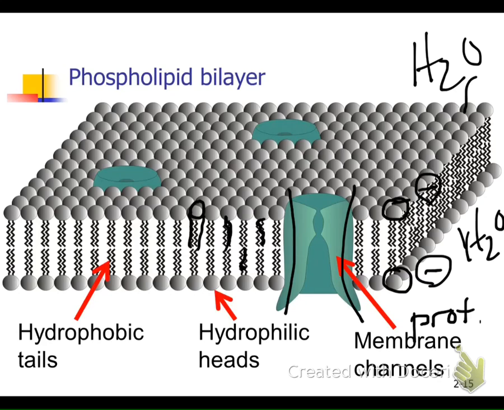Now, the movement of molecules into and out of the cell, though, is not random. It is highly regulated. So there wouldn't just be these openings in the membrane that allow anything in or out, but there'd be thousands of different types of these proteins, each of which is specific for allowing a single type or a single group of molecules into or out of the cell.